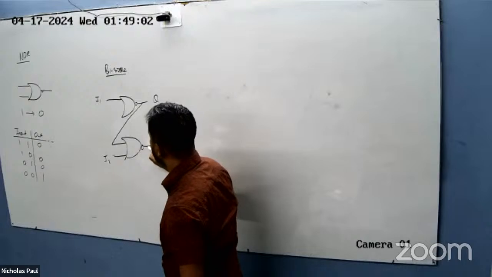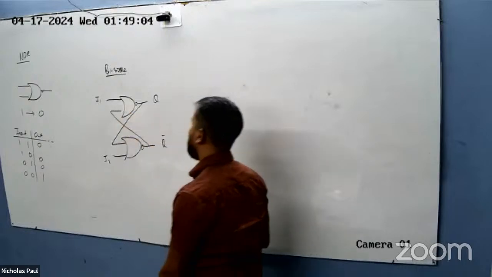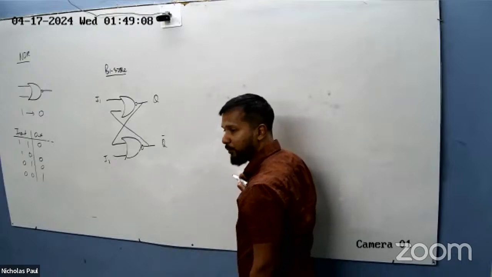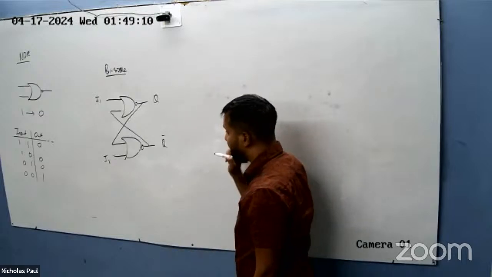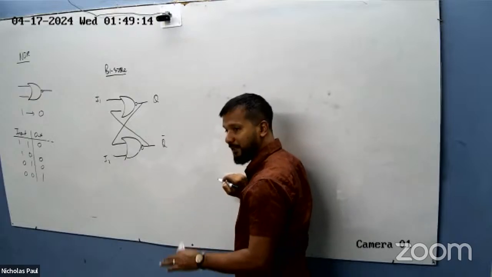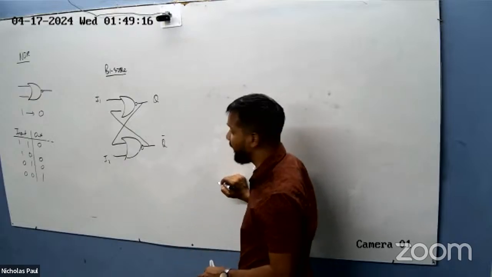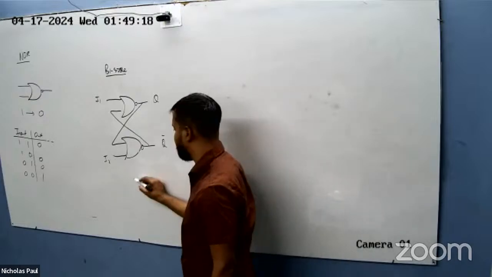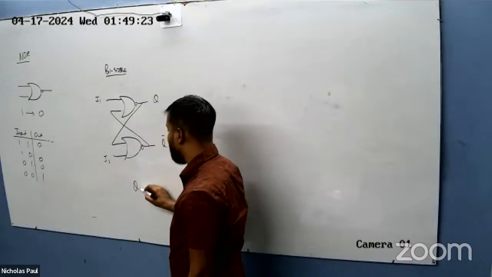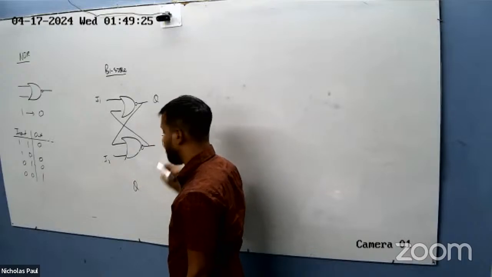This output Q hat becomes the input for the one on top. That's okay? This bistable, this logic circuit, only works when Q and Q hat are opposites.